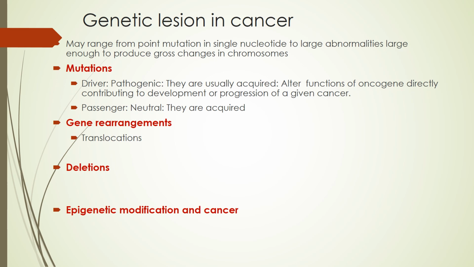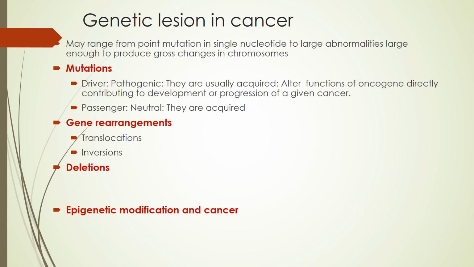Gene rearrangement: translocations, where a part from one chromosome breaks, and at the same time some part of another chromosome also breaks, and they exchange the material, so an abnormal gene is formed, which is called translocation. Trans means across, so the location becomes across to another chromosome.